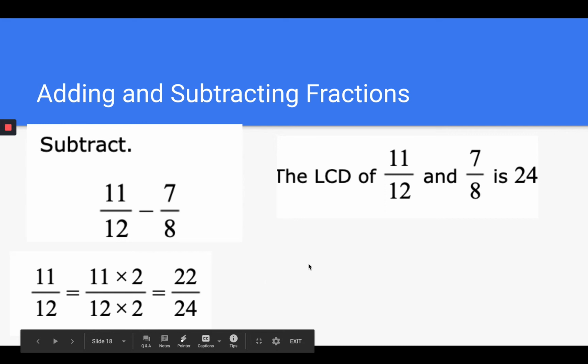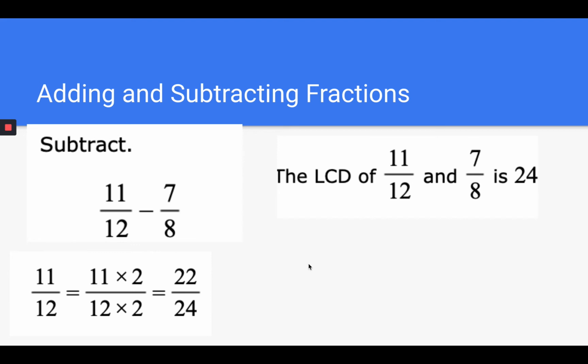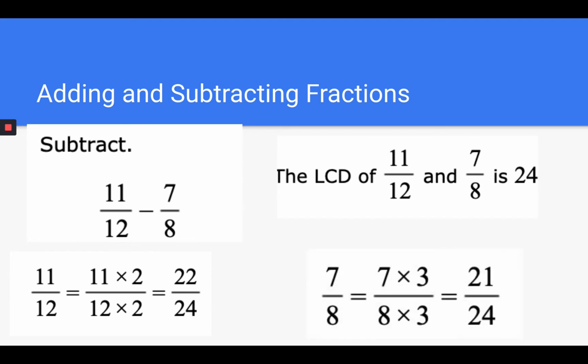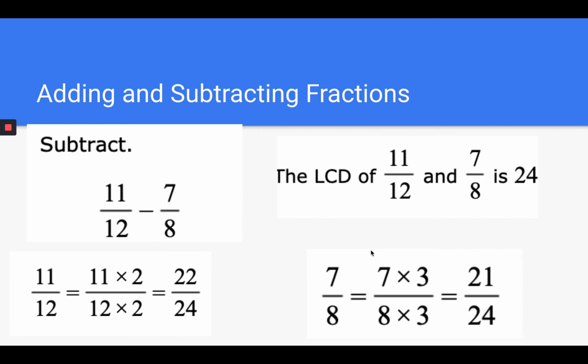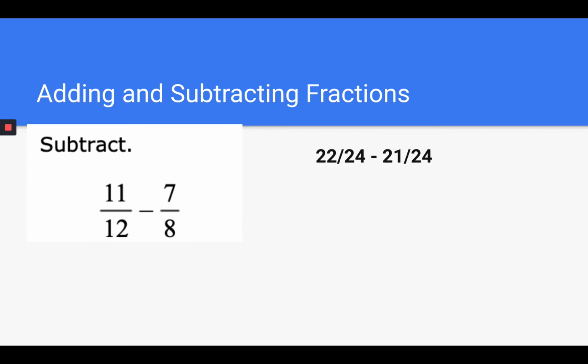Now, same thing with 7/8. You need to change that 8 into a 24. 8 times what is 24? 3. 8 times 3 is 24, so 7 times 3 is 21. What you end up with is 22 over 24 minus 21 over 24, and hopefully you can see that that would be 1/24.